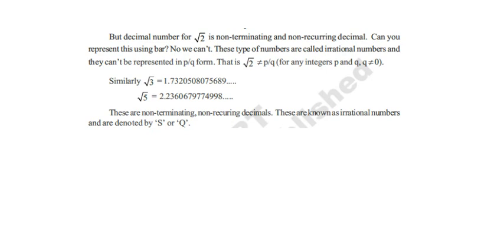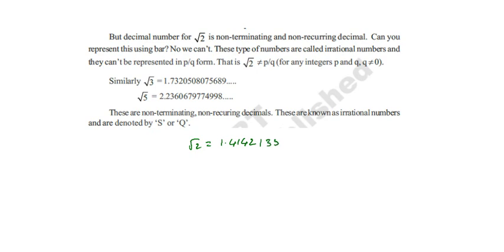Here already we discussed in the previous slide. Now I read it. The decimal number of root 2 is a non-terminating and non-recurring decimal. That means what we find the root 2 value is equal to 1.4142135 and so on.